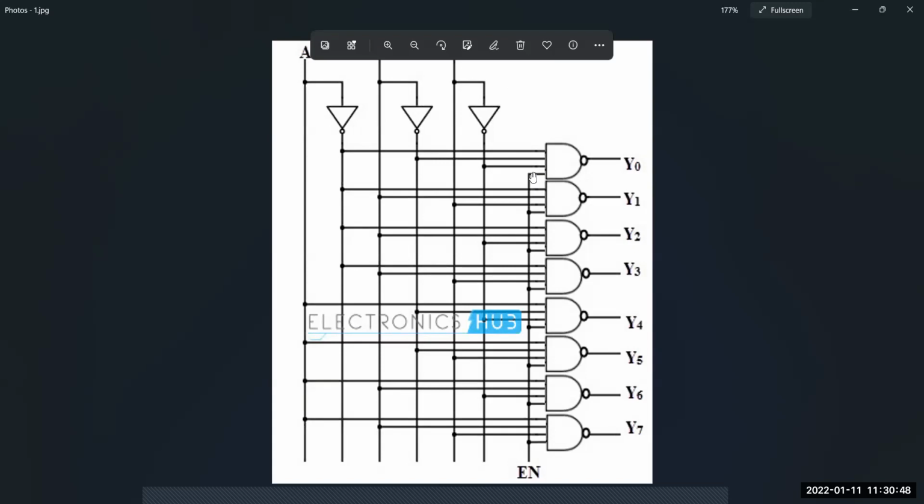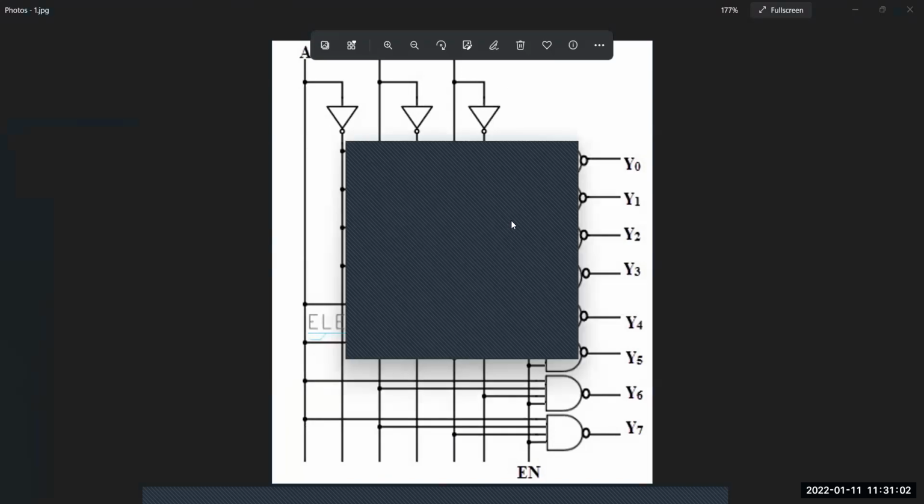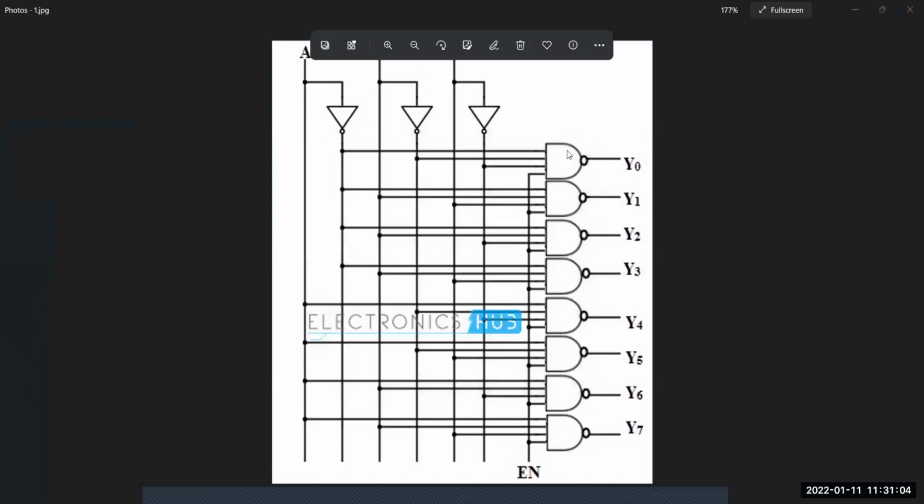These decoders can be used for decoding any 3-bit code to provide the 8 outputs corresponding to 8 different combinations of the input code. This is also called a one-of-8 decoder. Why is it called a one-of-8 decoder? Because only one of the 8 output lines is high for a particular input combination.